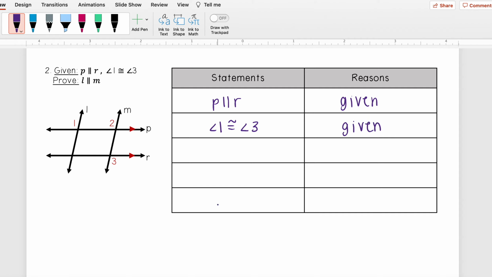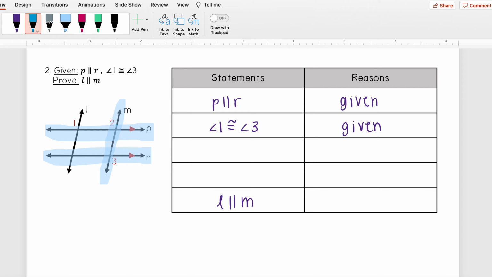And I'm trying to prove that L is parallel to M. So first I know that P is parallel to R. So I need to see what statements I can make from those two being parallel to each other. Well, the two angles that are going to involve those two parallel lines cut by a transversal is going to be this transversal M. And so I see I have angles 2 and 3.